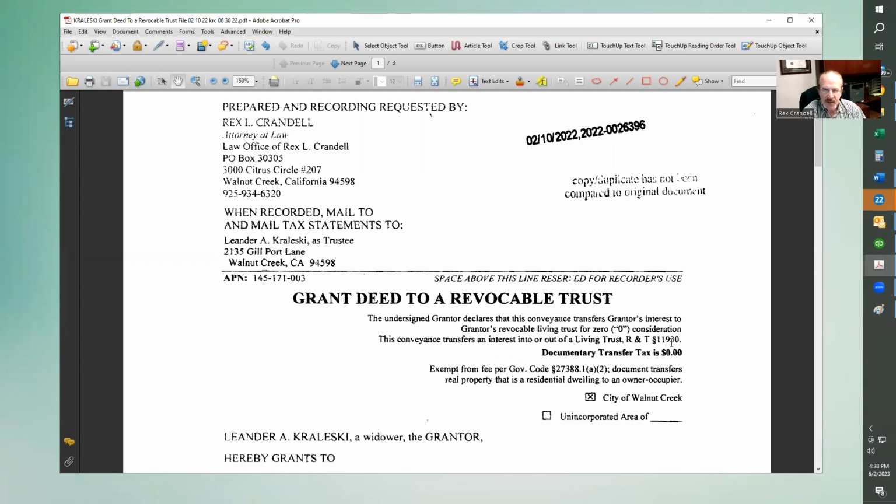So you give them the citation of the statute and say you're not getting any tax. Another tax here is government code 27388. This one is normally $75, but if it's to a dwelling unit, to an owner occupier, then you give them this section and say it's exempt.